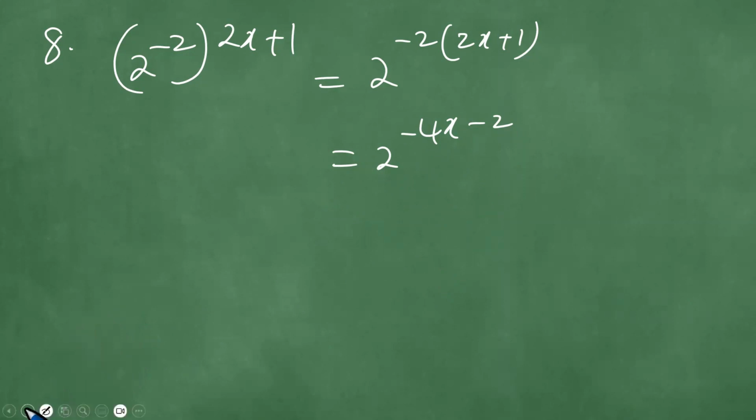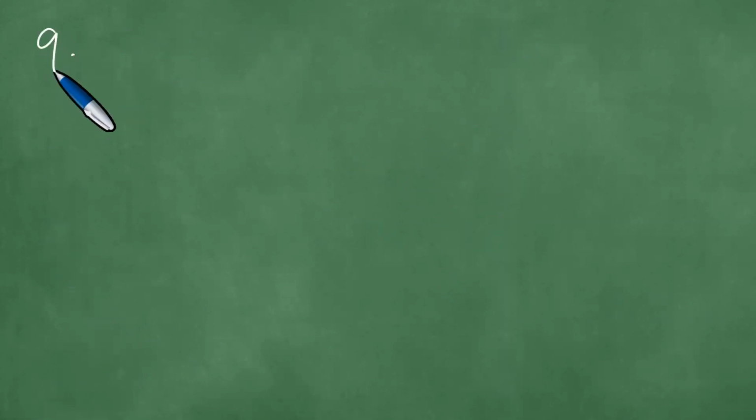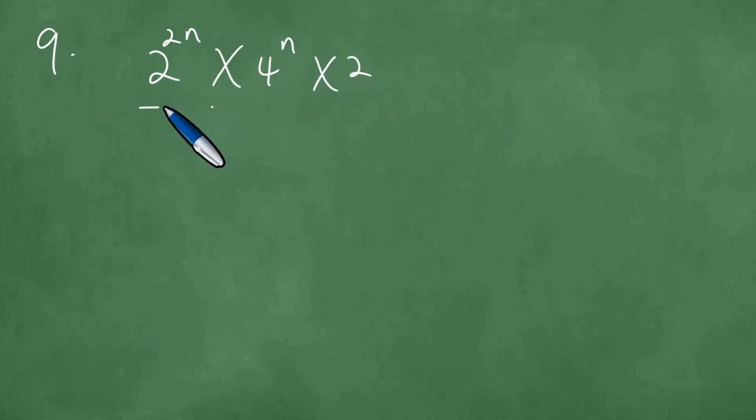Right. Number 9. Can you simplify 2 to the power 2n times 4 to the power n times 2 divided by 16 to the power n?